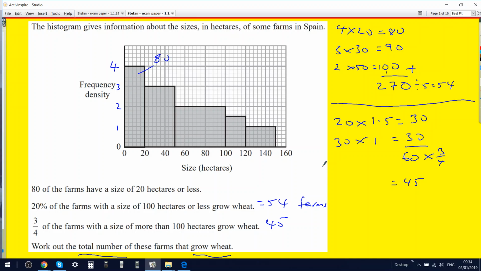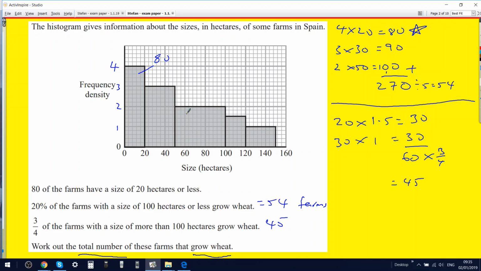The thing is, I'm a bit confused because it says 80 of the farms are the size of 20 hectares or less, and we've got above 80 here. So basically, that just was the key for us. Like 80 of the farms have 20 hectares or less. So we kind of found that there. So basically, we found everything now.